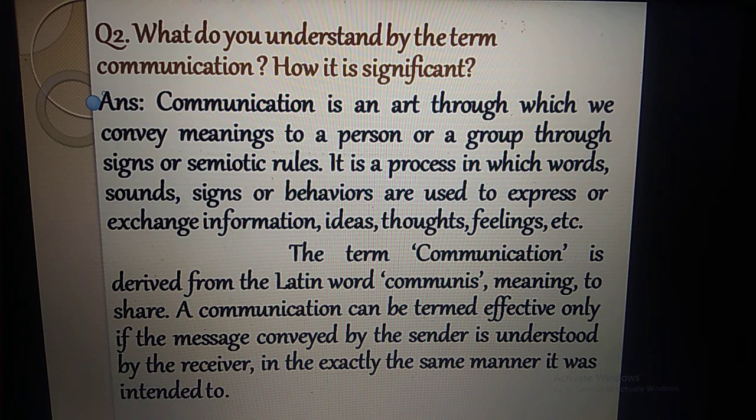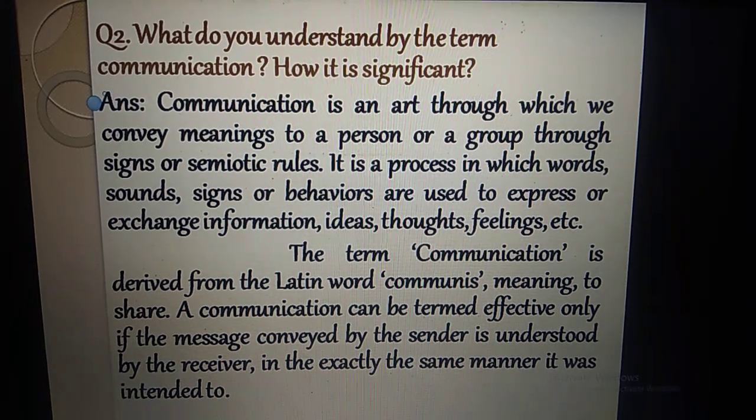Next question, what do you understand by the term communication? How is it significant? So you just write the answer as I have written on the wall, just push the video and write.